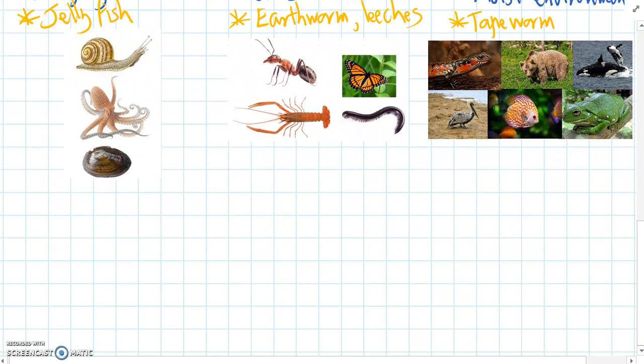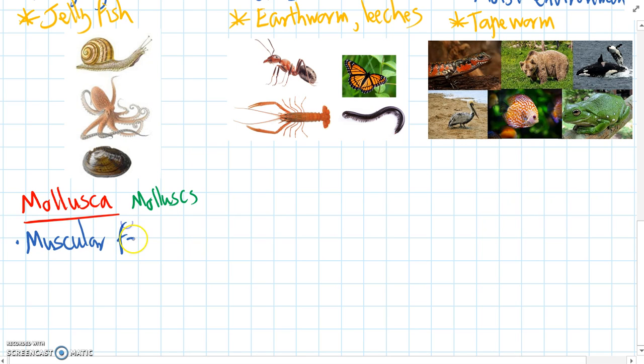The last three groups here, the first group we have is Phylum Mollusca, which are the mollusks. And mollusks, they all have a muscular foot at the bottom, or they have tentacles.